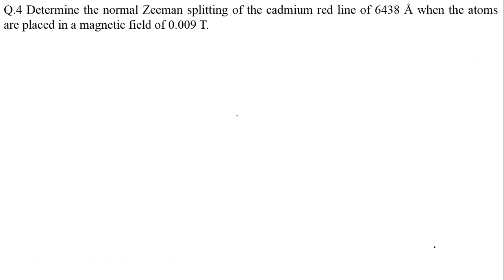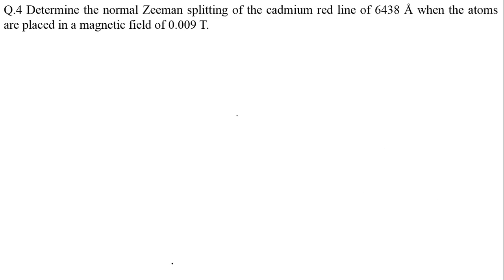Then the next question: determine the normal Zeeman splitting of the cadmium red line of 6438 angstrom when the atoms are placed in a magnetic field of 0.009 Tesla. So can anyone tell me what is the normal Zeeman effect?